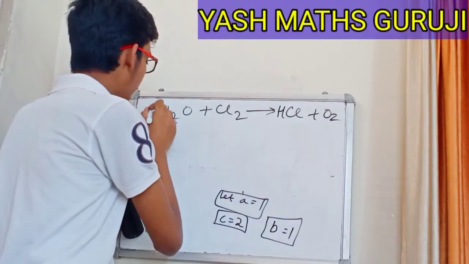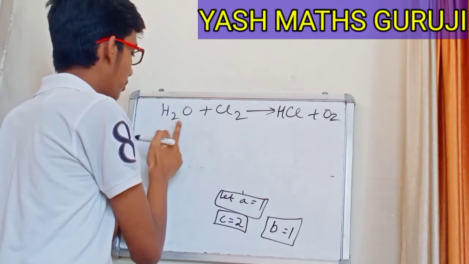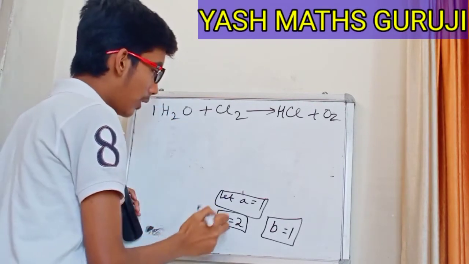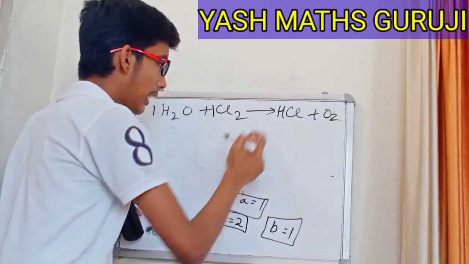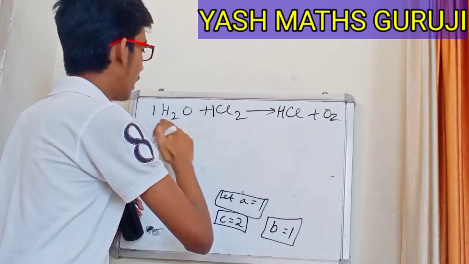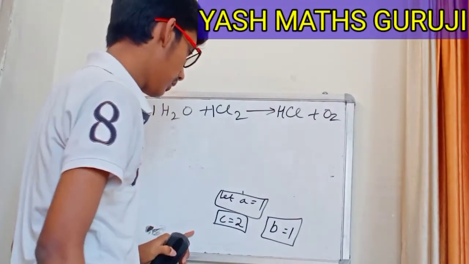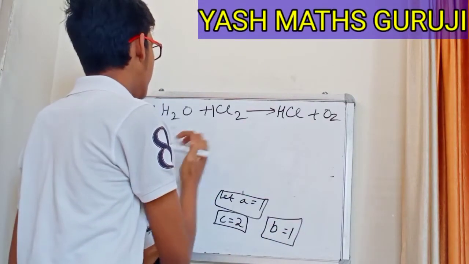On the left hand side, A, what we have assumed A as H2O, so we will put 1 here. B is Cl2 and it is 1, and C, A, B, C, D. Sorry friends, we have left D. So what was D?